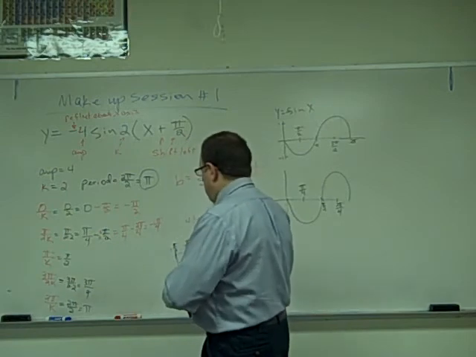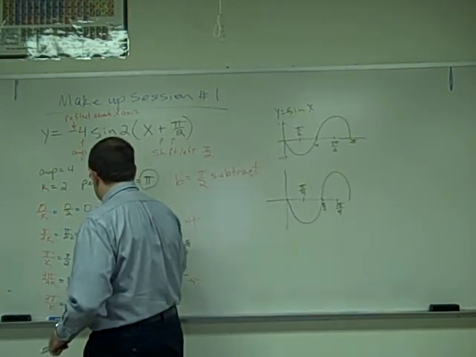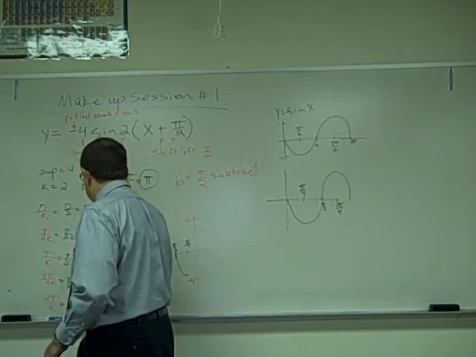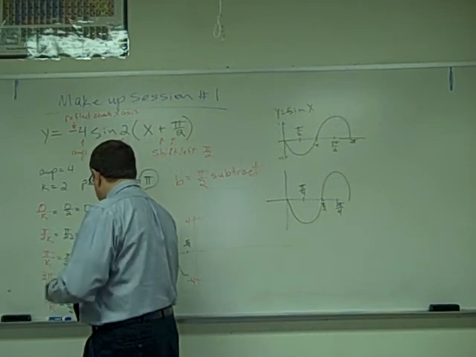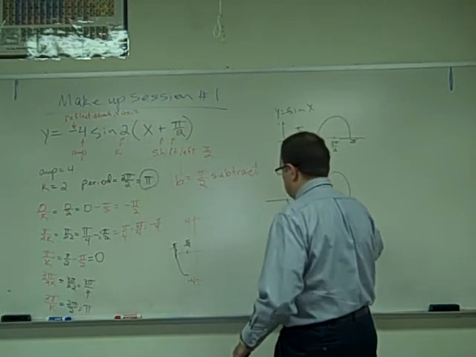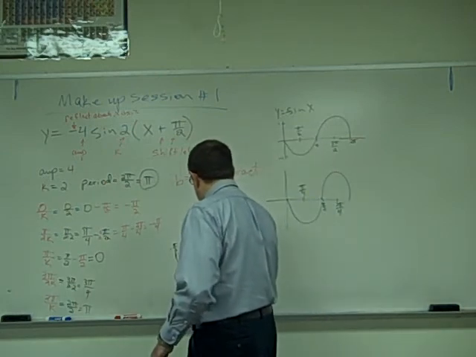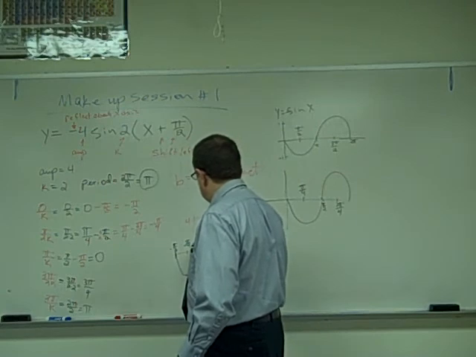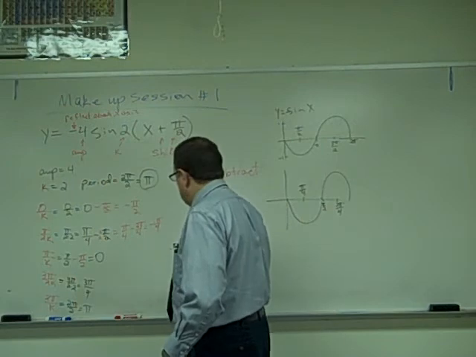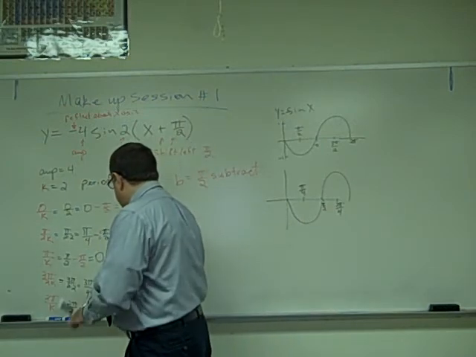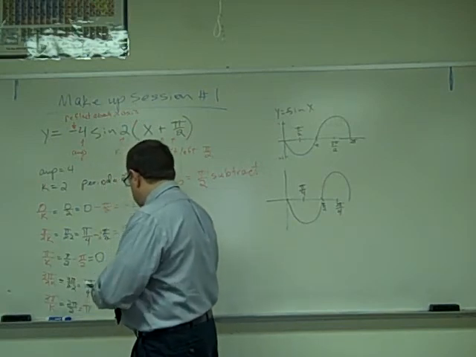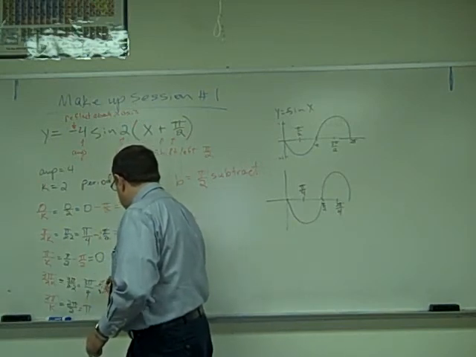Okay? And so we're continuing on around. We're going to subtract pi over 2 again. So we've got pi over 2 minus pi over 2. What do we get now? 0. So instead of coming back to 0 at pi over 2, now we're coming back at 0. Alright, keep going. 3 pi over 4 minus pi over 2, and we need a common denominator, right? So we multiply 2 over 2 here.